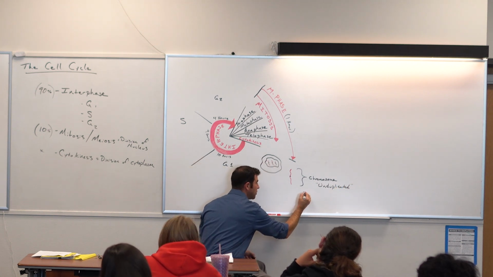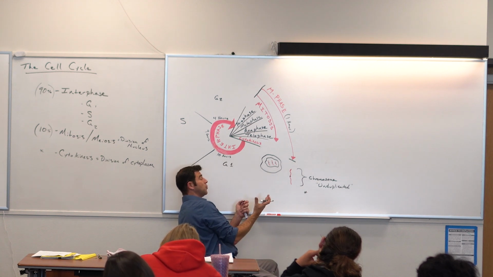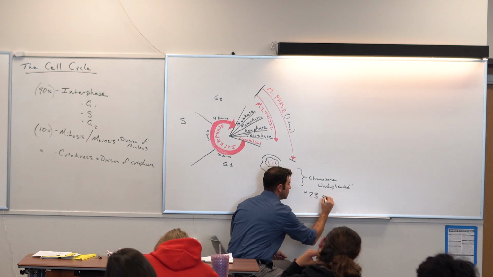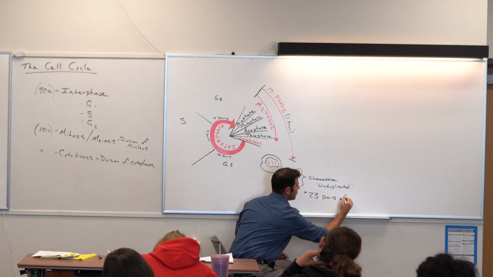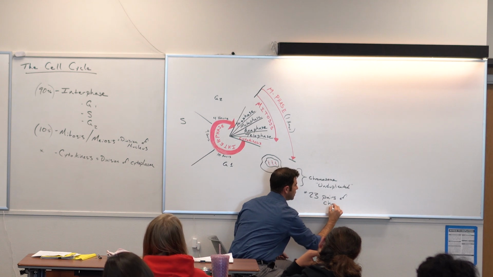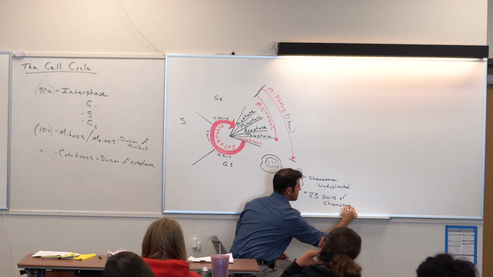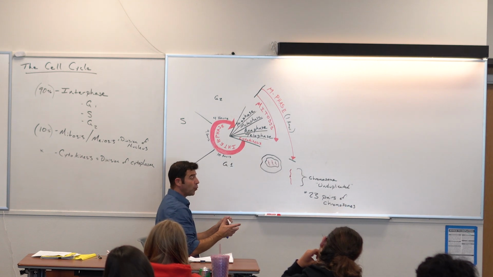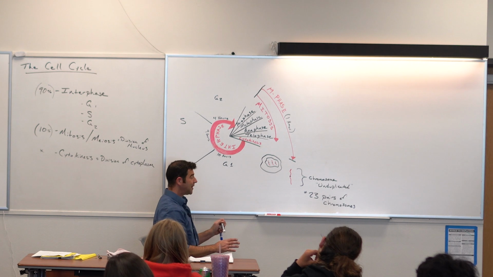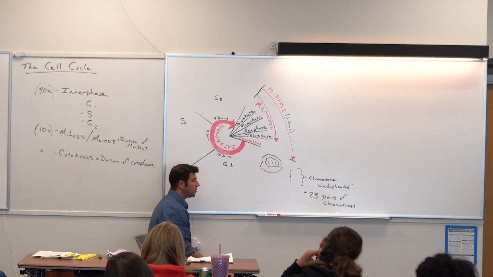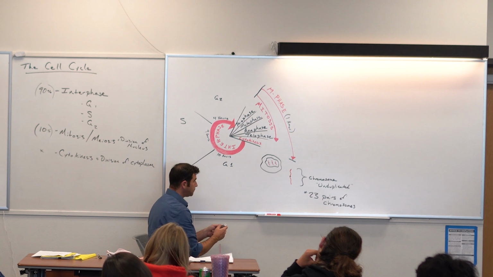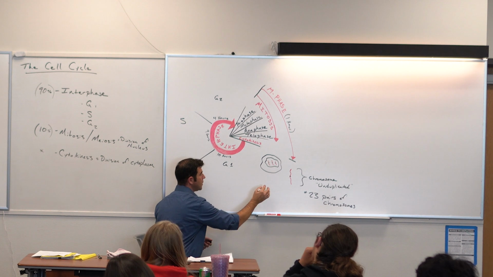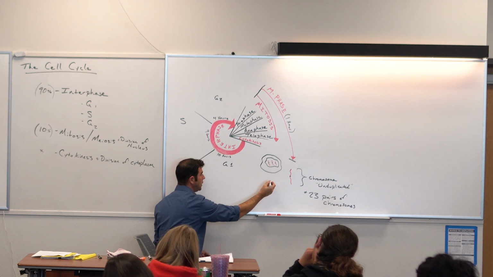And in humans, maybe just to put a little note down here, since I'm not going to have enough room to write all of these chromosomes, in humans, we're going to have 23 pairs of chromosomes. Okay, so that's 46 chromosomes total. And at the beginning of the cell cycle, each of these chromosomes is unduplicated. In fact, as we go through this G1 phase, the chromosomes are going to stay unduplicated.